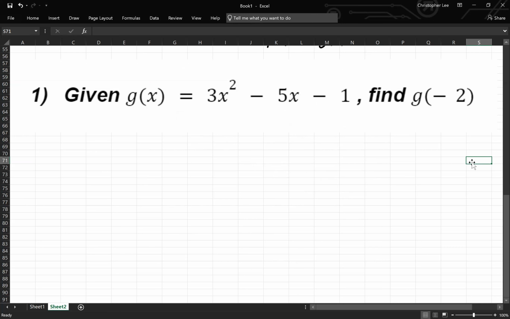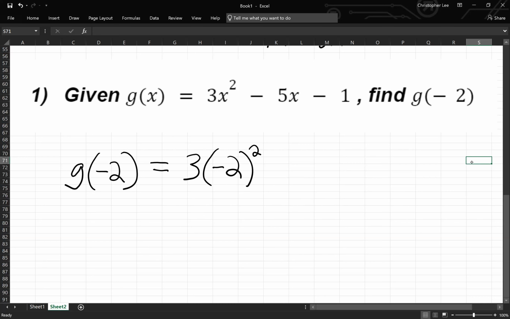So now we got g of x is equal to 3x squared minus 5x minus 1. And we want to find g of -2. All right? G of -2. So what do I do here? This is going to be 3 times -2 squared minus 5 times -2 minus 1. Just like that. Then just do the math, right? We do our exponents first.